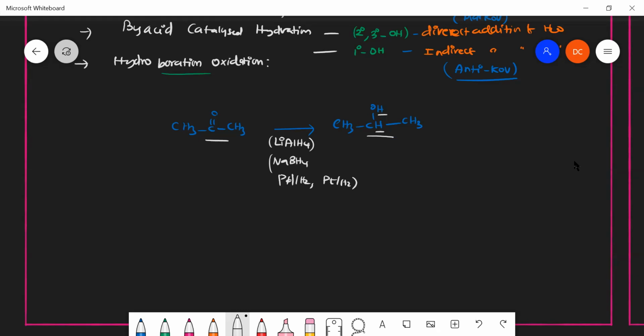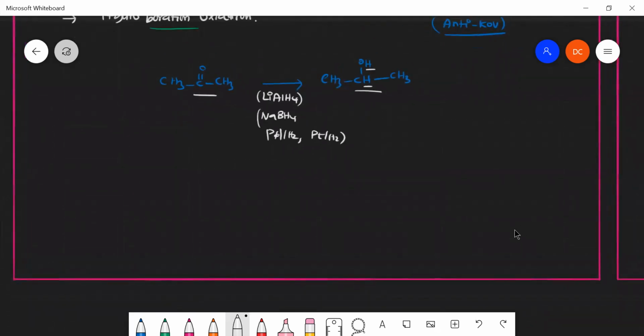Suppose the reactant is given like this: CH3 C double bond O OH, a carboxylic acid. So here also I have to prepare the alcohol.